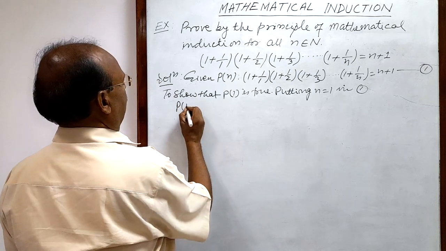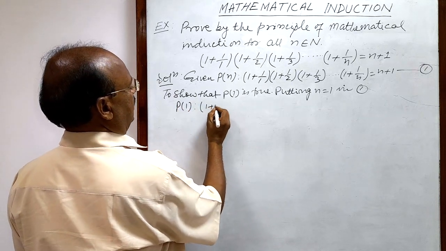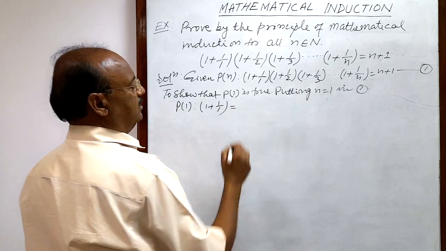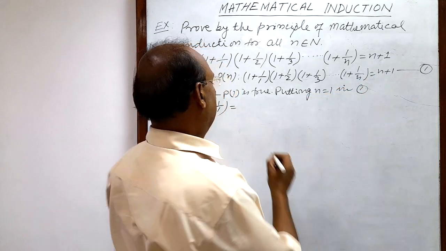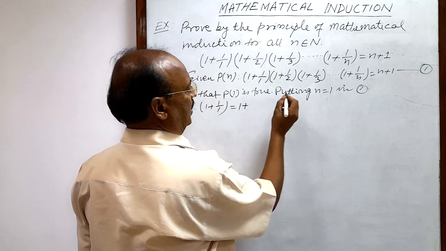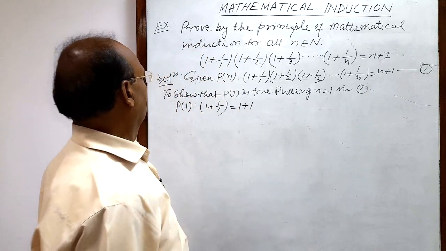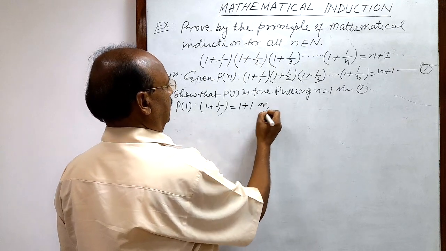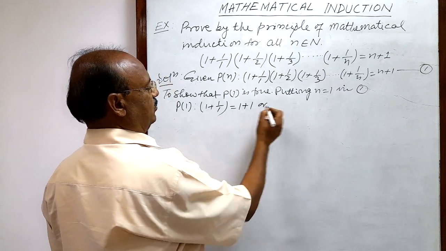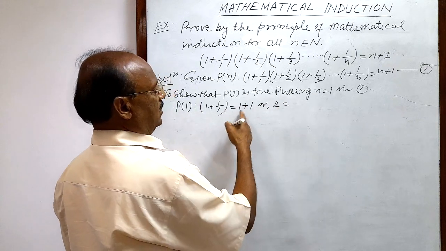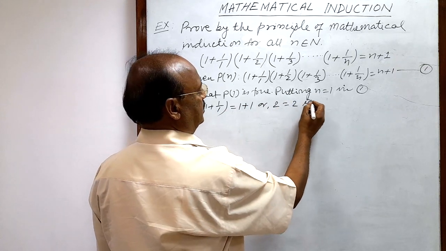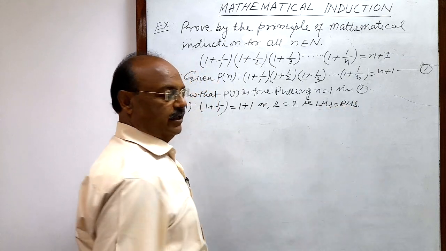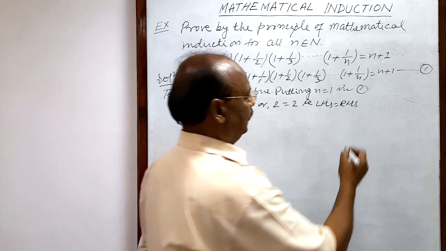So, here P1 is 1 + 1/1 on the left hand side, and on the right hand side we put n equal to 1, which is 1 + 1. In the left hand side, 1 + 1 is 2, and in the right hand side 1 + 1 is 2. That is, LHS is equal to RHS. It means P1 is true.